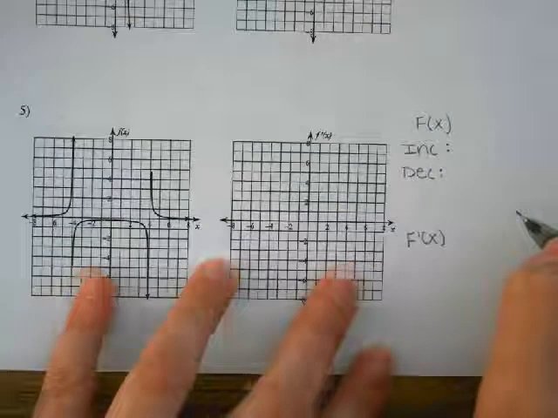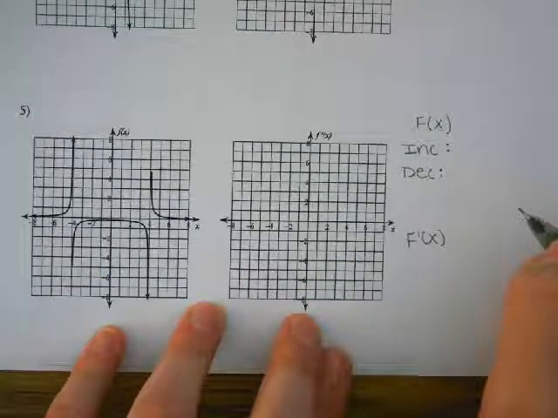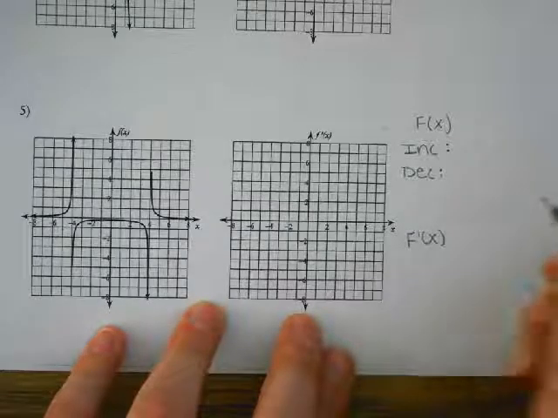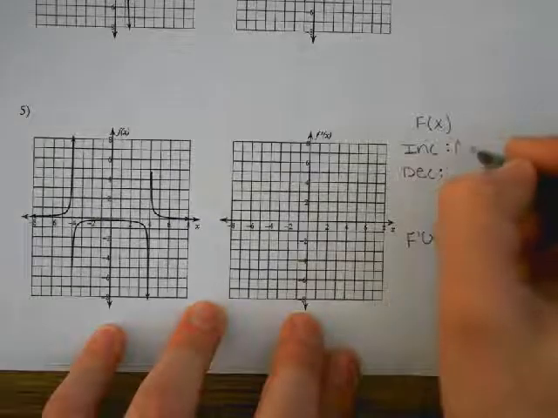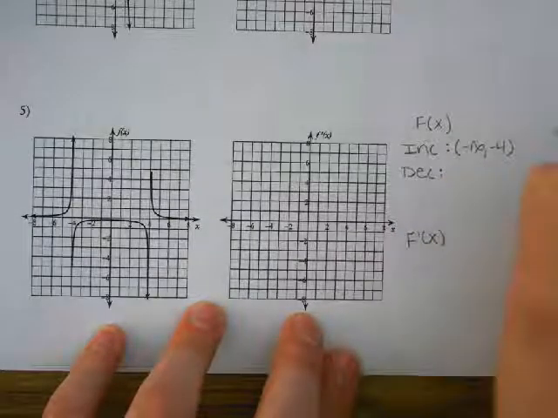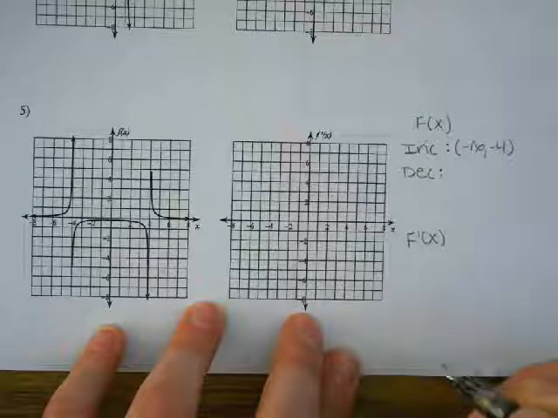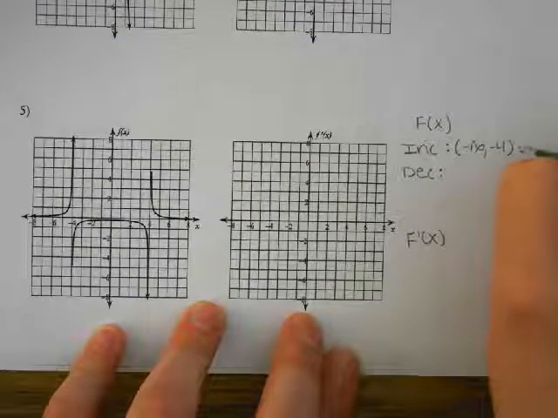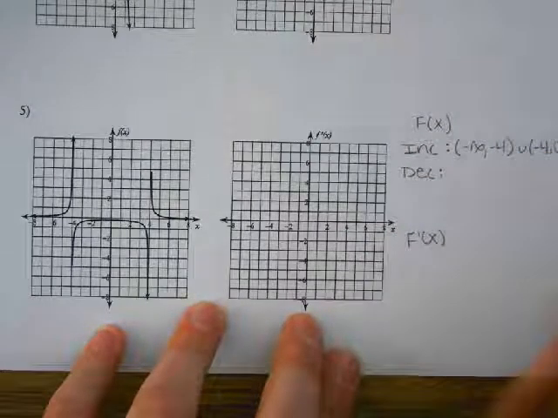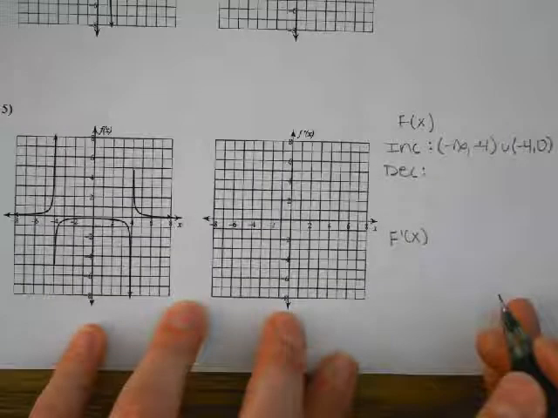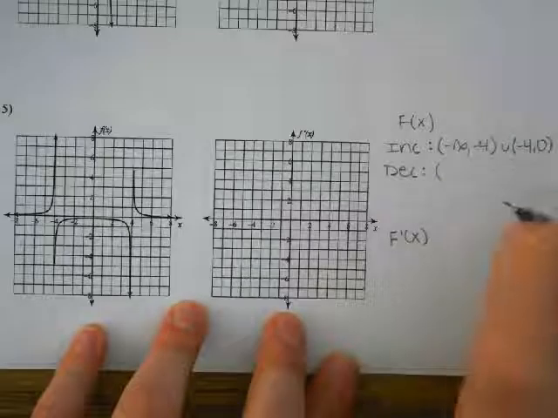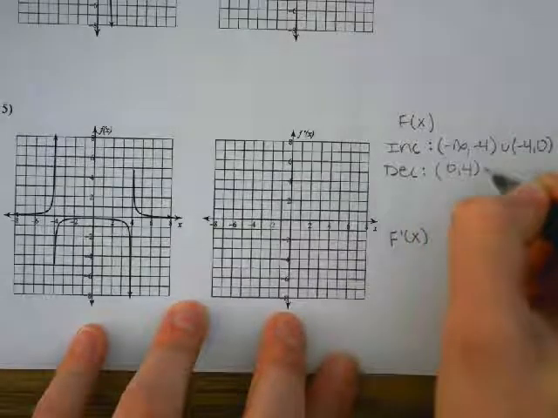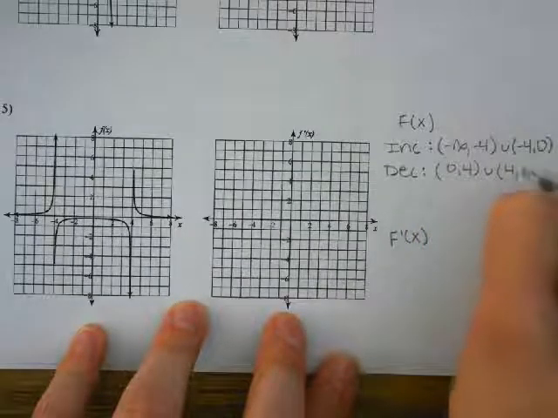All right, so if you look at number 5, where is the graph increasing for number 5? Decreasing is from 0 to 4 and 4 to infinity.